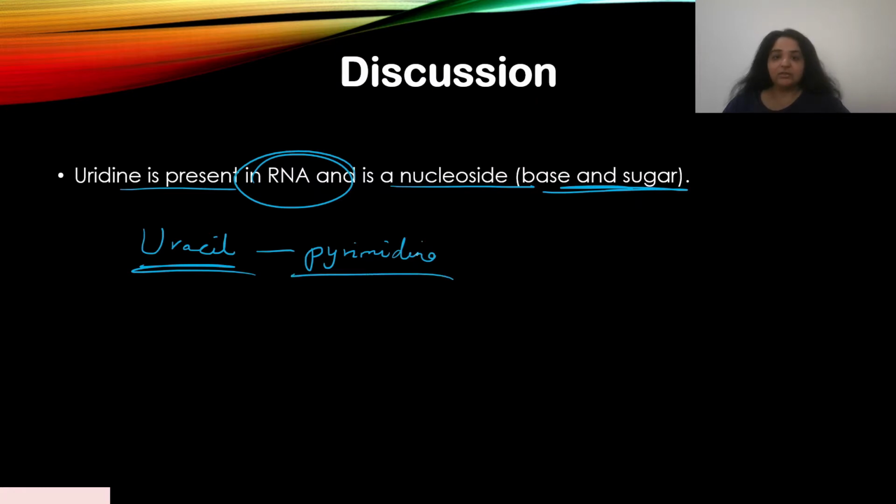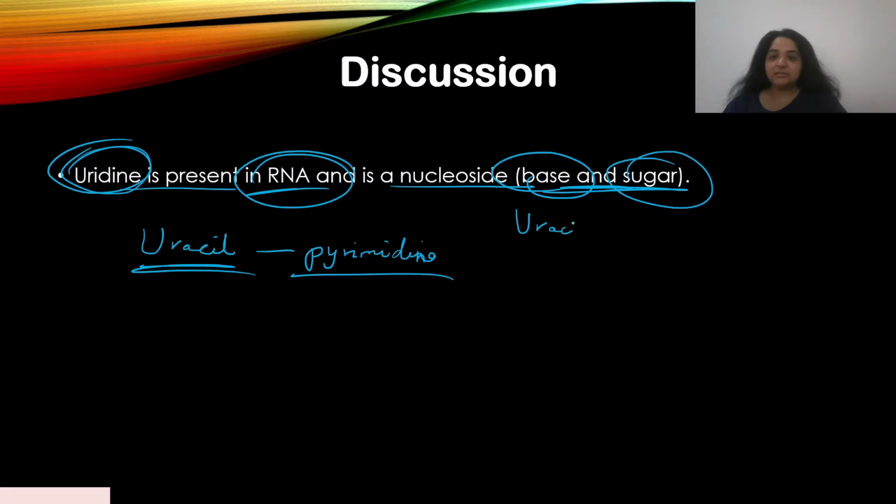All right. Now what they have mentioned in the question is uridine. So uridine is present in RNA, of course. We know that, which is a combination of base and sugar. That means uracil base plus the pentose sugar together forms a nucleoside.